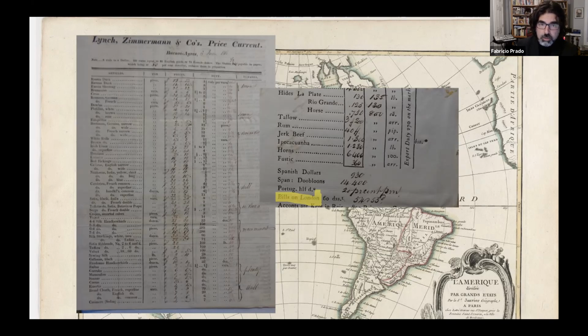So in order to build banks in this time period, silver was critical. In the United States, there were no silver mines yet.